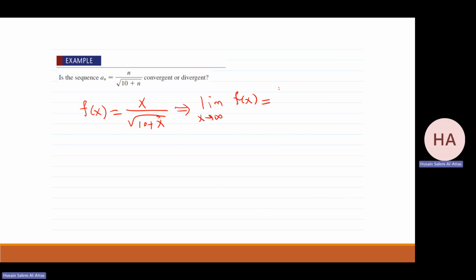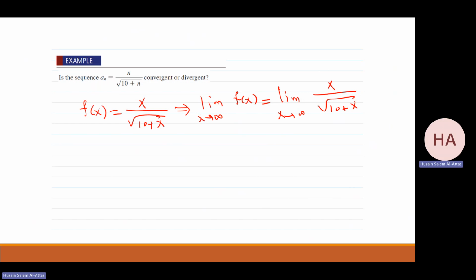This one, converge or diverge? Think about f of x as x over square root of 10 plus x. How to find the limit? The limit of f of x as x goes to infinity of this function gives me the limit as x goes to infinity of x over square root of 10 plus x.